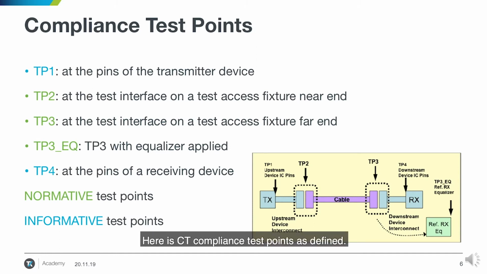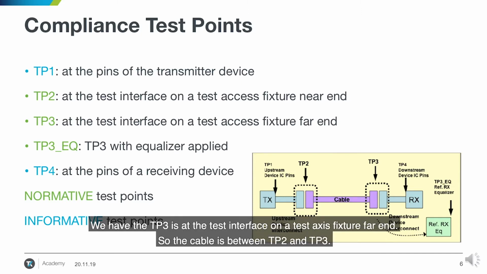Here we see the compliance test points as defined in the standard. TP1 is the pin at a transmitter device. TP2 is at the test interface on a test access fixture near end. We have TP3 at the test interface on a test access fixture far end.